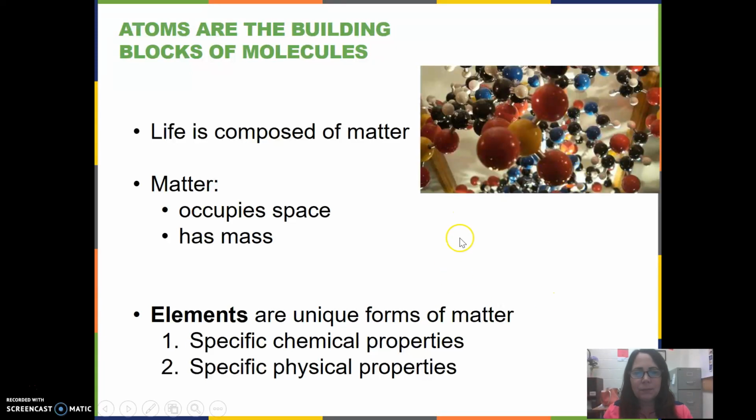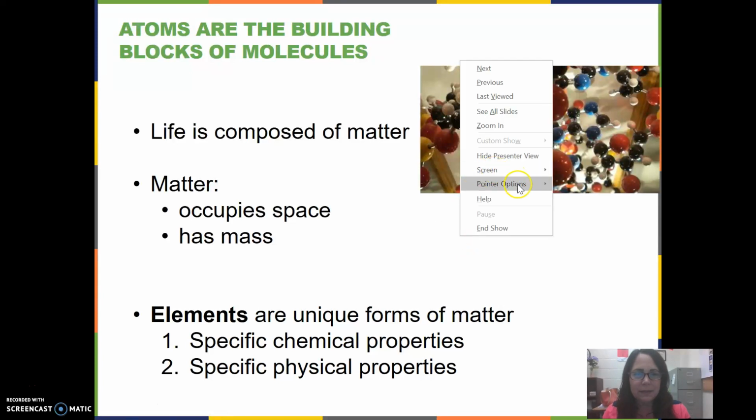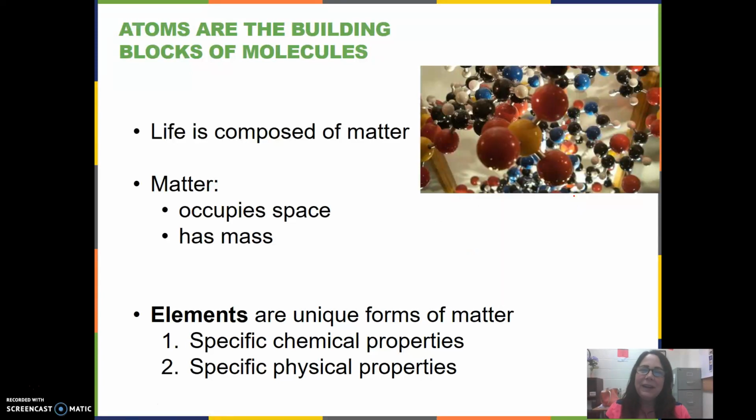But you have to have a little bit of background. So that's what this is. You've probably heard most of this information before in other science classes, but this slide is just talking about atoms.